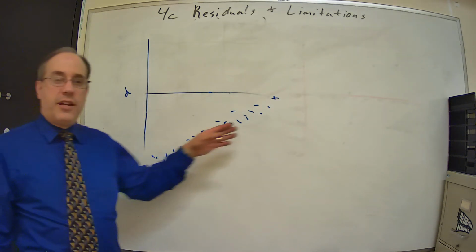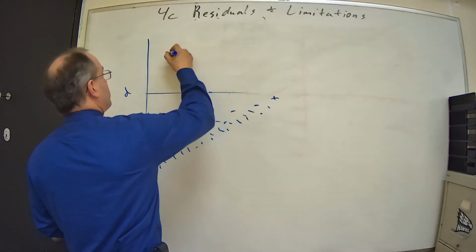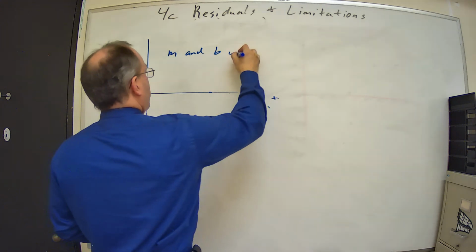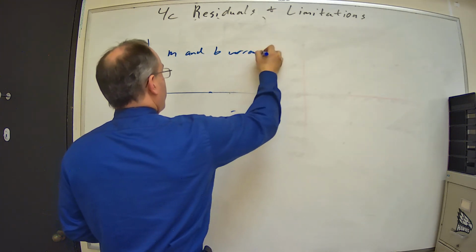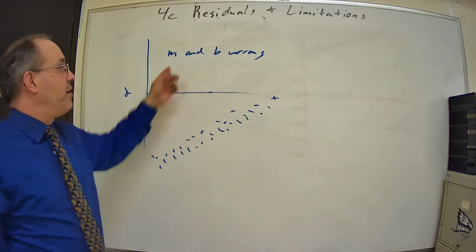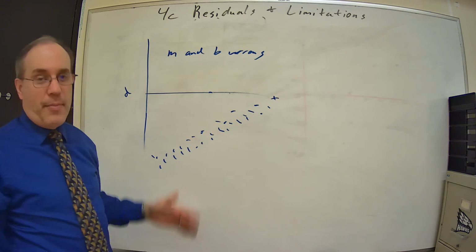Something like this tells me that both my slope and my y-intercept are off. Slope and intercept are wrong. M and B are both wrong because I'm shifted and I'm at an angle.